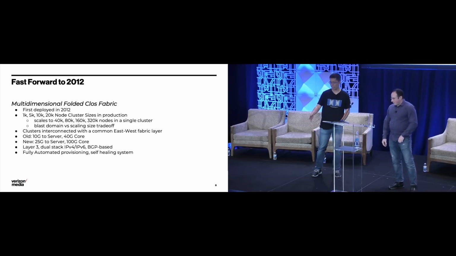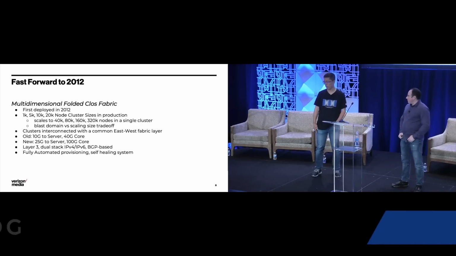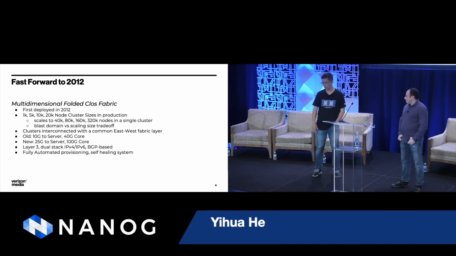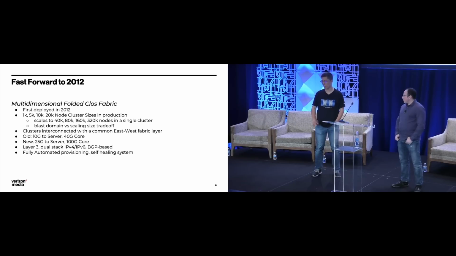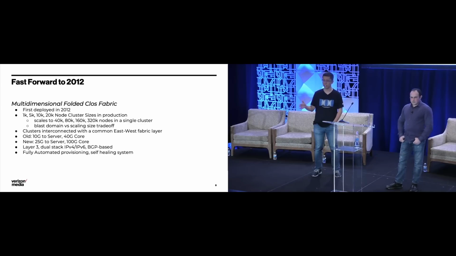Right. And we built many clusters with different variants of sizes, and then we can interconnect them with a fabric layer that's on top. We are going to see the details in the next few slides. Also, we have different speeds. The ability to deploy different sizes at different times gives us the ability to deploy different technologies at different times.